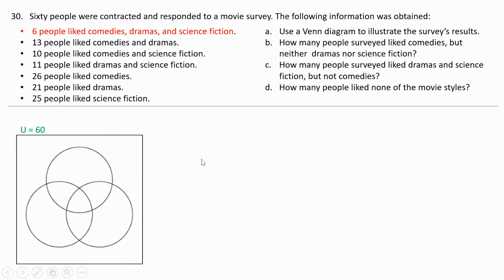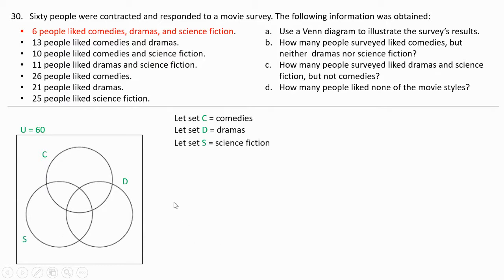Since comedies start with C, I'm going to let the set C equal comedies. That's my set C right here. Then I'm going to let my set D equal dramas. Then for science fiction, I'm going to let S equal science fiction, and that'll be this one over here.